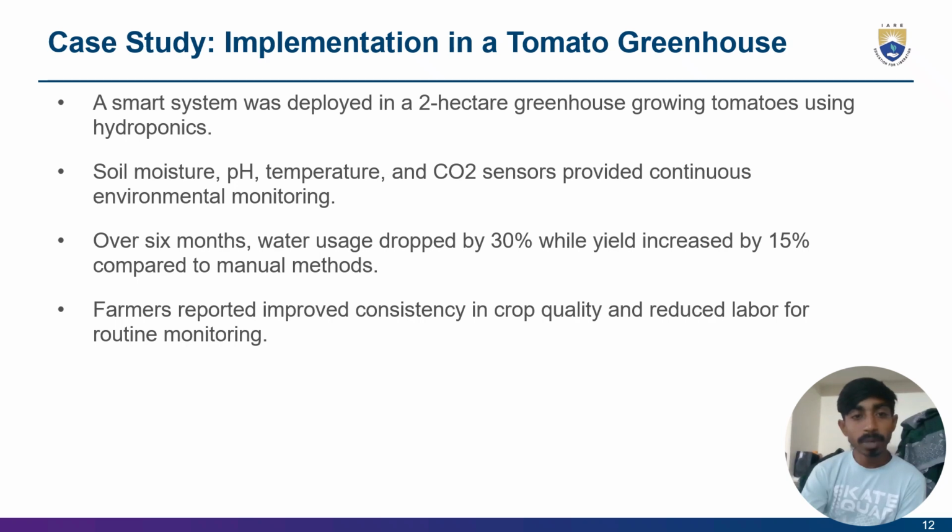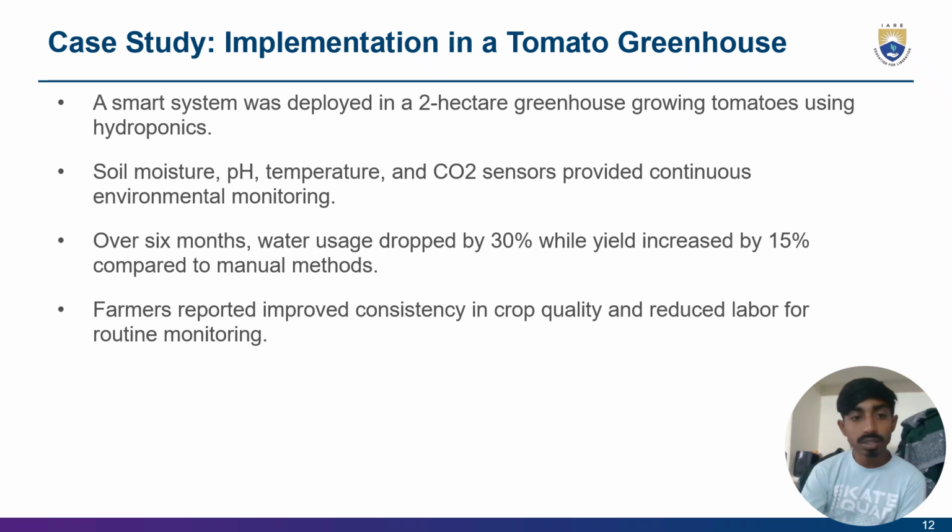Case study: implementation in a tomato greenhouse. A smart system was deployed in a 2 hectare greenhouse growing tomatoes using hydroponics. Soil moisture, pH, temperature, and CO2 sensors provided continuous environmental monitoring.